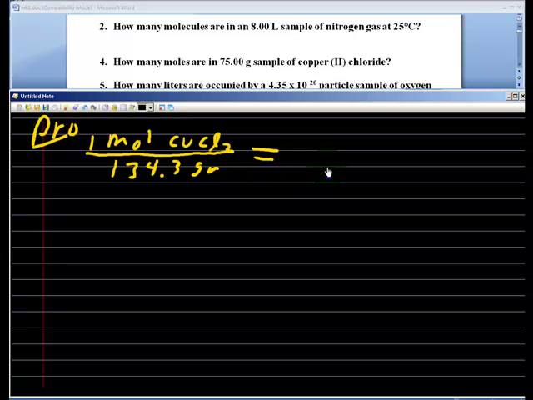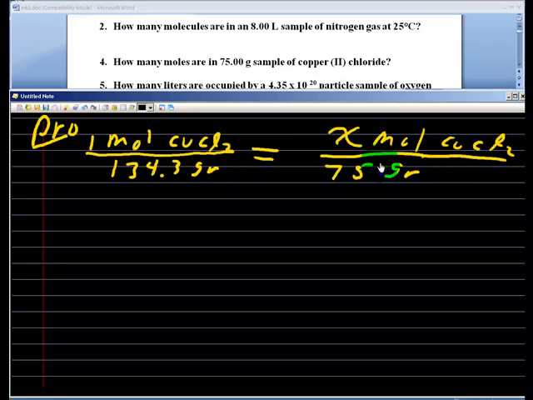I have 75 grams. So how many moles of CuCl2 is 75 grams?